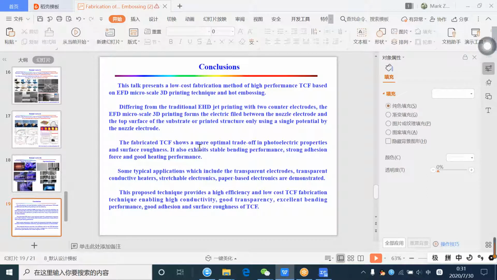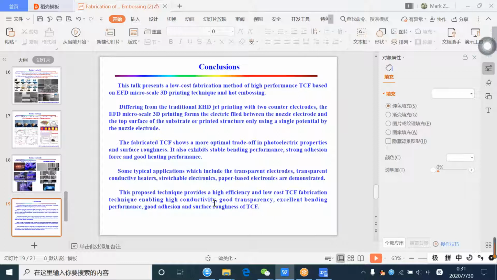It also exhibits stable bending performance, strong adhesion force, and good heating performance. Some typical applications, which include transparent electrodes, transparent conductive heaters, stretchable electronics, and paper-based electronics, are demonstrated.